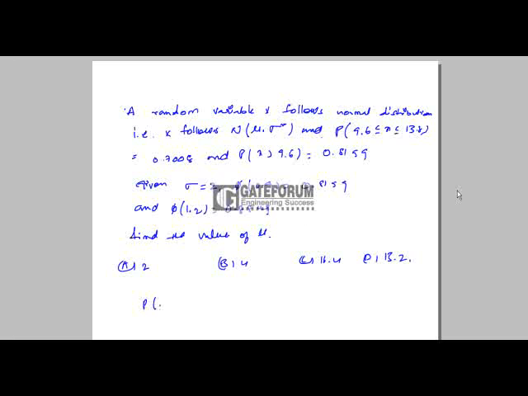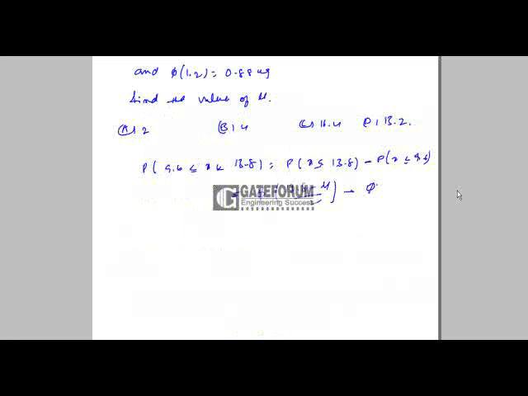P of 9.6 less than or equal to X less than or equal to 13.8 is equal to P of X less than or equal to 13.8 minus P of X less than or equal to 9.6. This is equal to phi of (13.8 minus mu) by 2 minus phi of (9.6 minus mu) by 2.